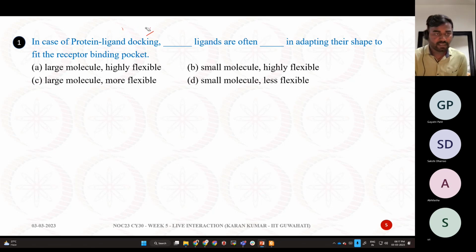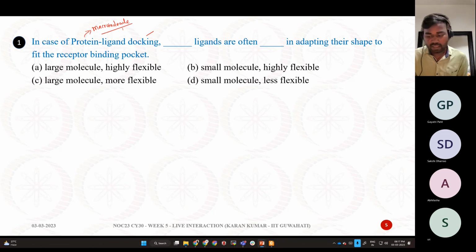Let me clear this out. Here, in case of protein ligand docking, protein or enzyme are termed macromolecules because they have many atoms in their structure.